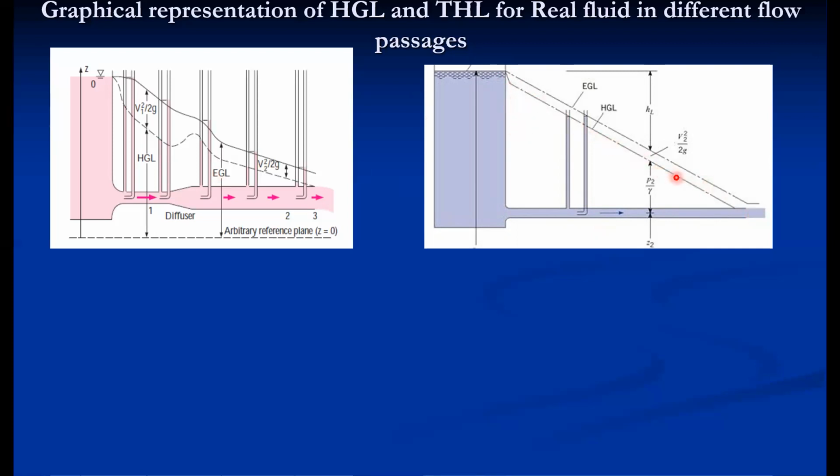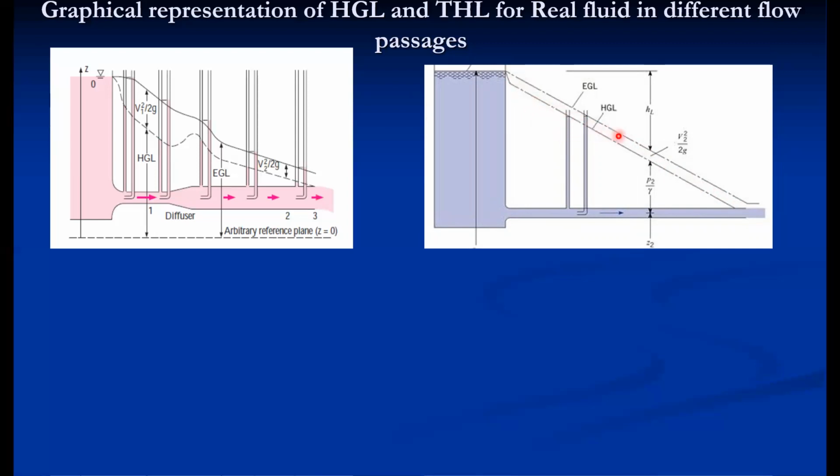That loss of pressure head is to overcome the frictional losses, because there is no change in velocity. So that is reflected in the decrease in pressure. As long as the diameter is uniform, there is no change in velocity head. Velocity head everywhere is uniform.